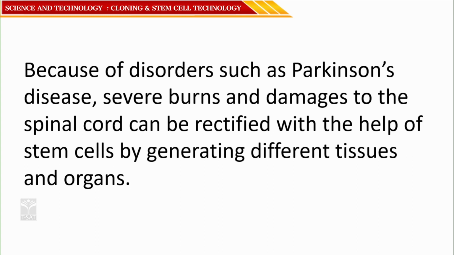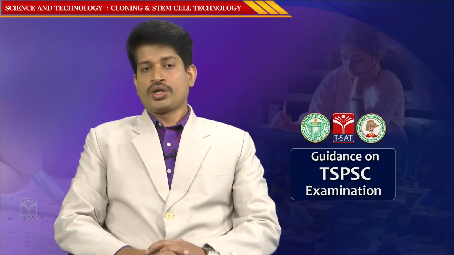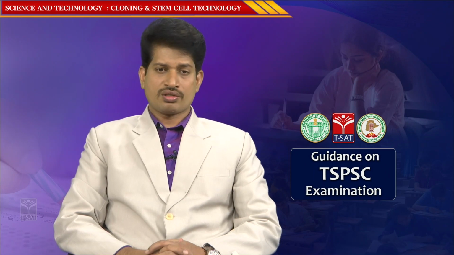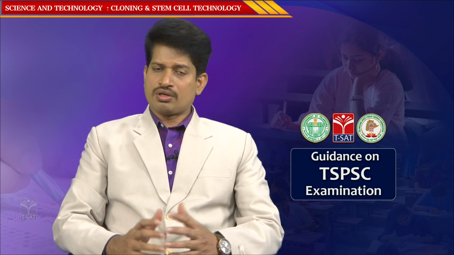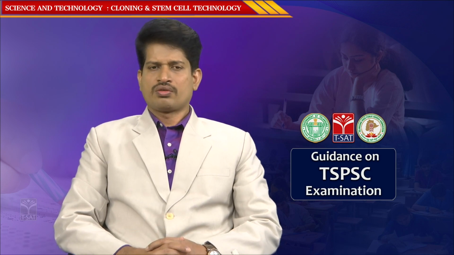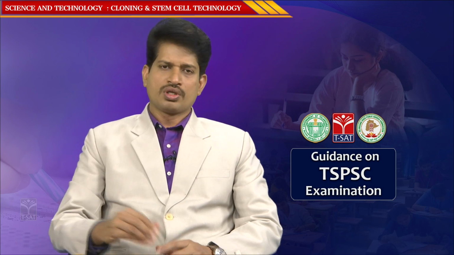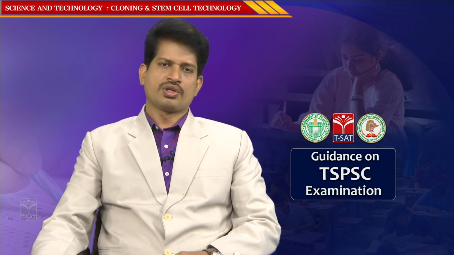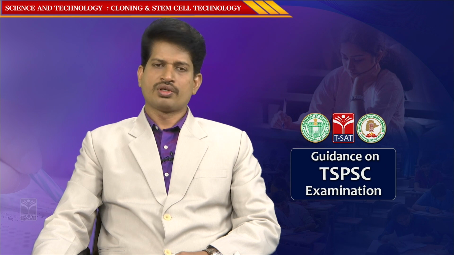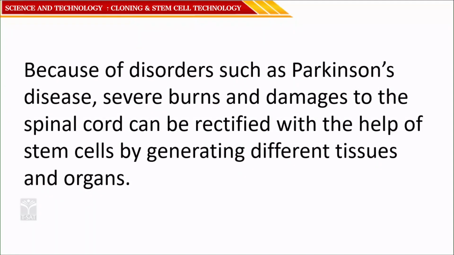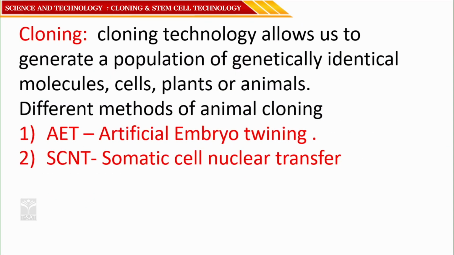So stem cell technology is promising to regenerate neurons and reduce diseases like Parkinson's, which are considered to be incurable. But this is a technology which promises a cure in the upcoming future for disorders caused by degeneration of neurons.